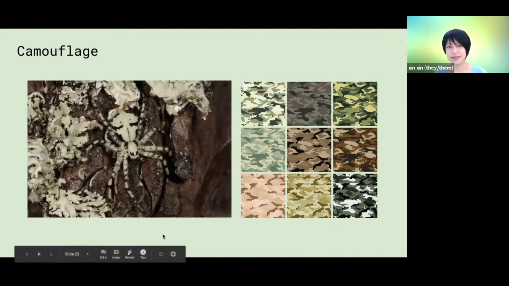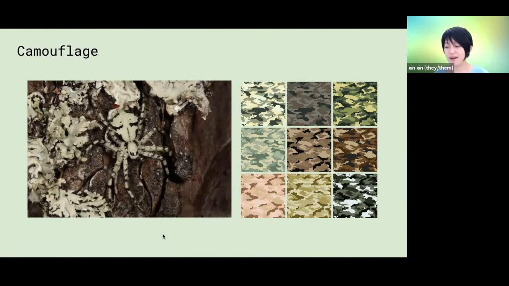Here is another example of a kind of steganography, camouflage, which I think a lot of us are familiar with, a technique that was really inspired from the animal world and the insect world, seeing how animals and insects have evolved to imitate the environment around them.